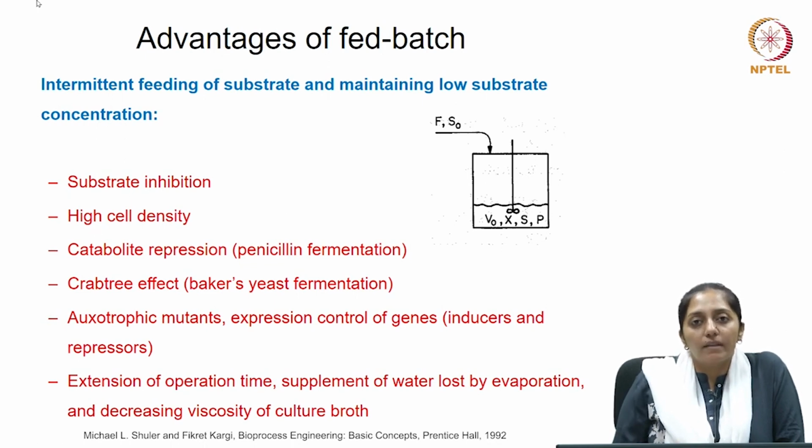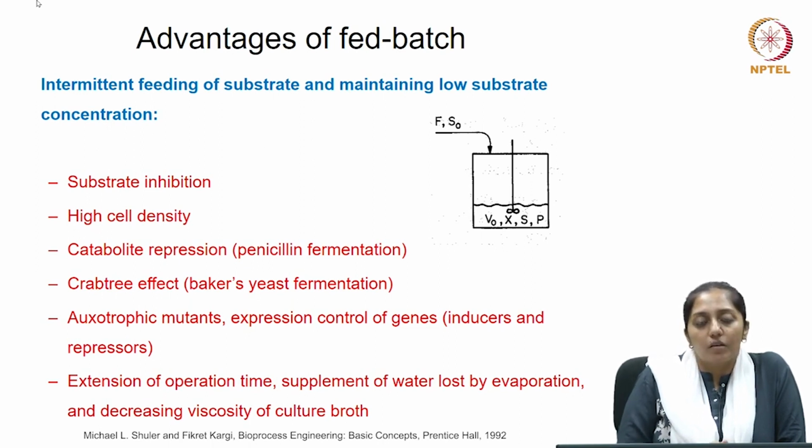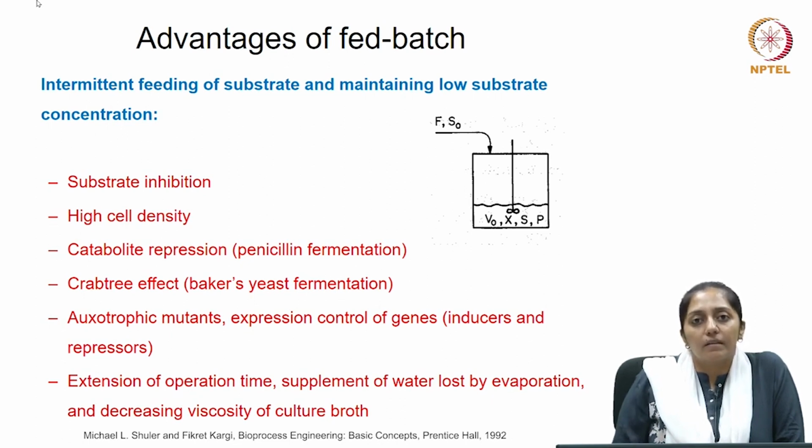To avoid that, the glucose concentration has to be kept under the levels where the Crabtree effect starts happening. This is an undesirable effect, because if substrate level phosphorylation starts happening, then ethanol as a byproduct will start getting formed, because of which there can be toxicity, the pH might change, the flavor might change, and which is a disadvantage.